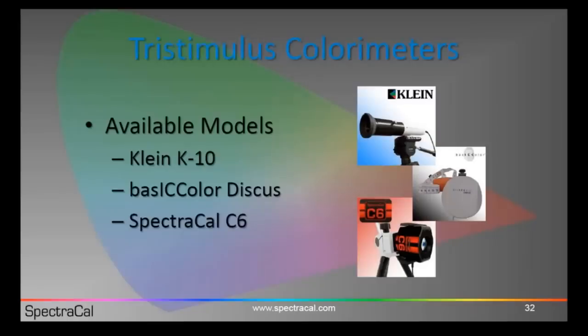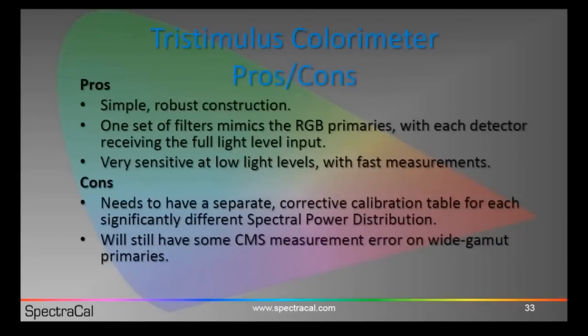Tristimulus colorimeters, on the other hand, are of a different basic type of construction. They use just 3 sensors inside the colorimeter and get full light input to each of the sensors, which gives them some advantages. A tristimulus colorimeter is very sensitive at low light levels with very fast measurements.